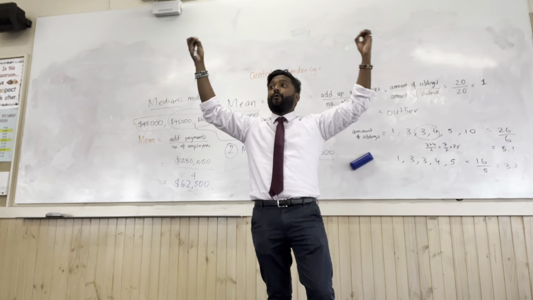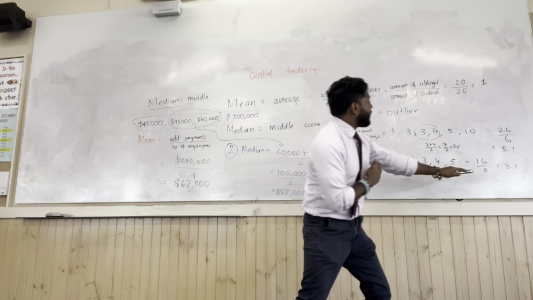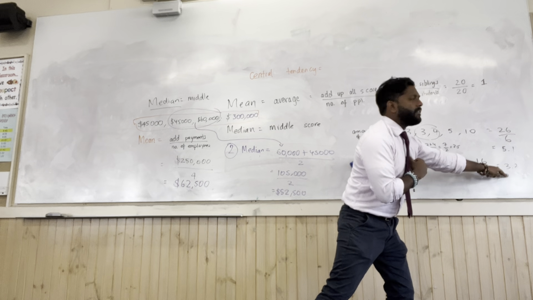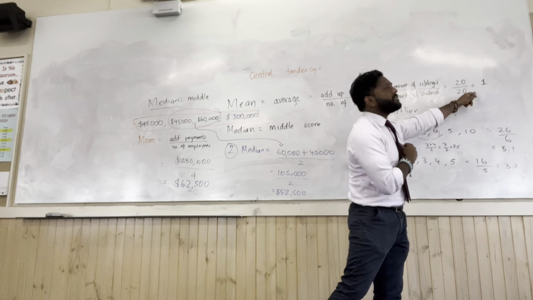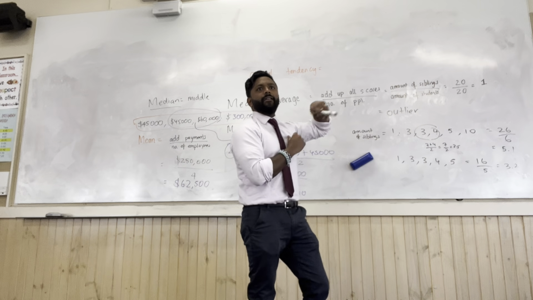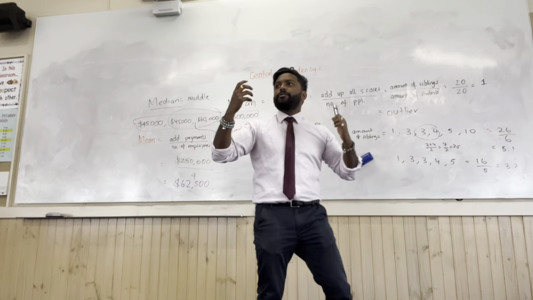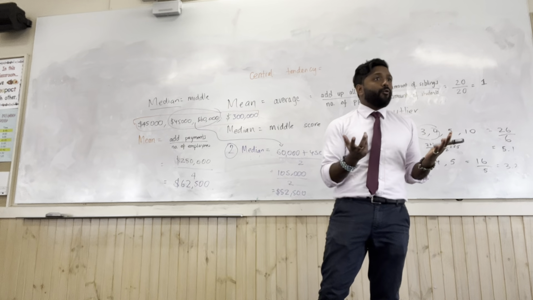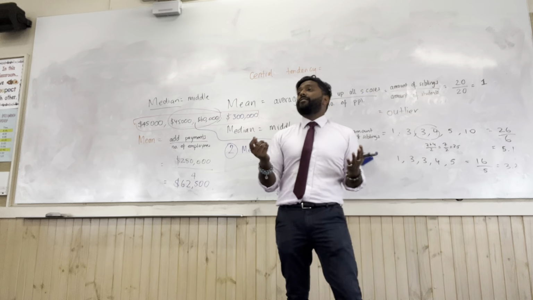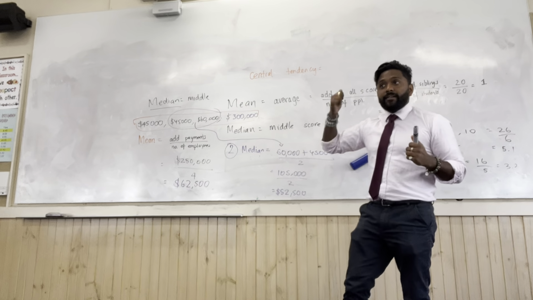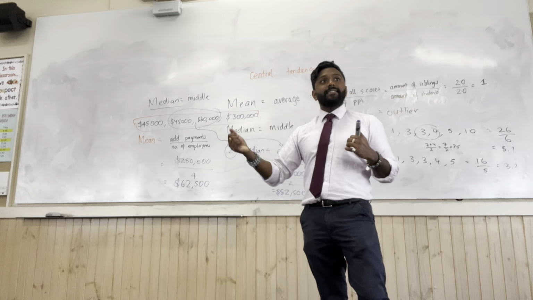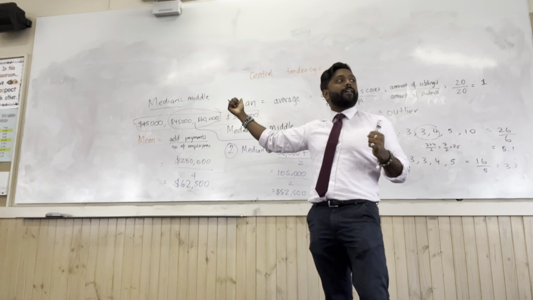That affects our average. Because what did we work out here? 1 sibling, right? But that doesn't take into effect the people that had 3, 4, 5, and so on. So the disadvantage about the mean is that it gets affected by the outliers.